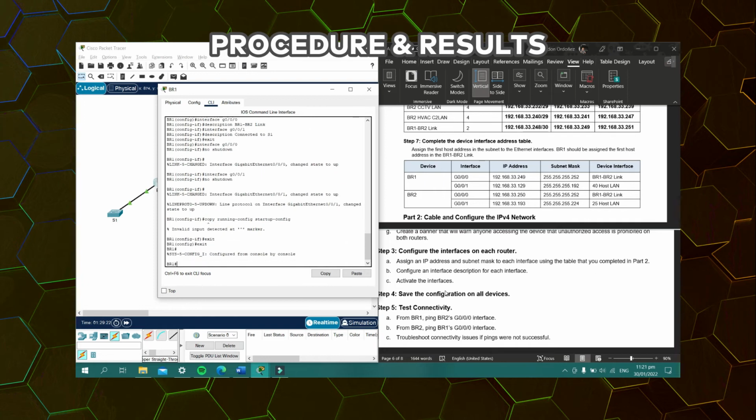Exit. Copy running-config startup-config.